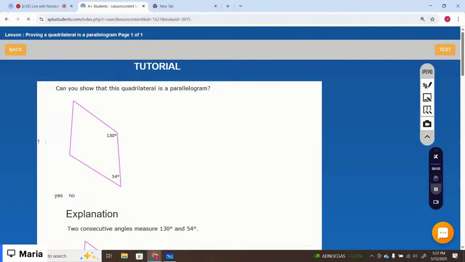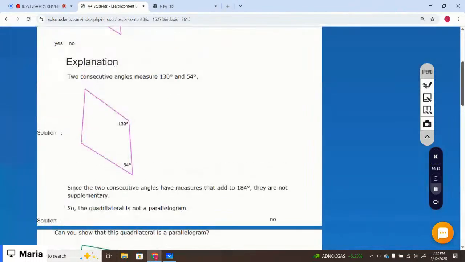Can you show that this quadrilateral is a parallelogram? So you are given two of the angles. You need to show that it is a parallelogram. Since the two consecutive angle measures are 130 and 54, and they add to 184, they must add to 180. That means they are not supplementary. So the quadrilateral is not a parallelogram.